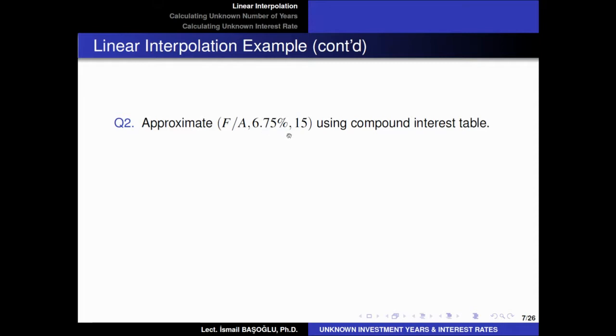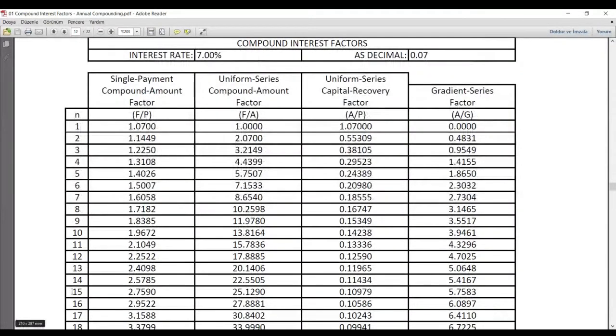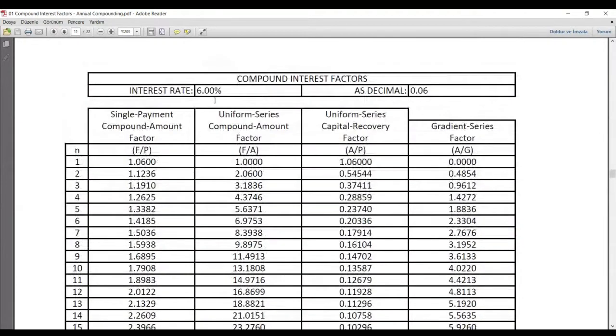And again, we are just going to look at the closest values in the compound interest tables. So let's check them. In the compound interest tables we are interested in the number of investment years of 15, and we are just going to check 6.75 in the table, but it is not available.